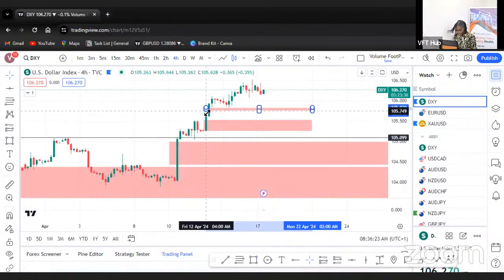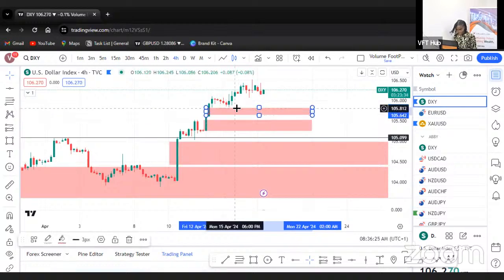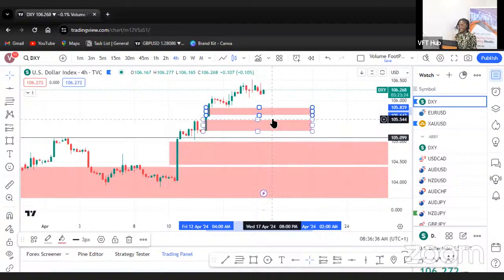If price comes into this region and doesn't hold, then price is coming all the way into this region, somewhat like an order block. So price will sell off into this region, a retracement, as I said earlier, before it continues its buy to the upside.